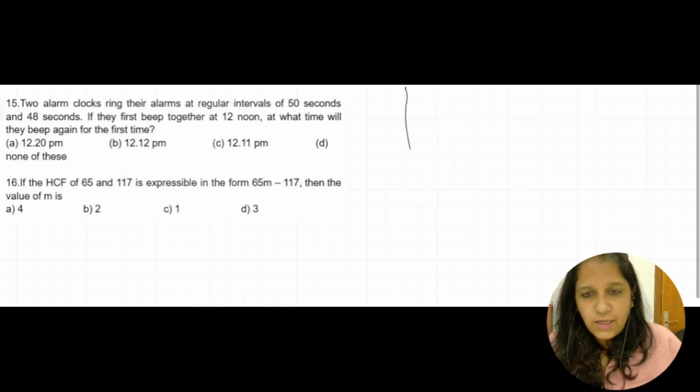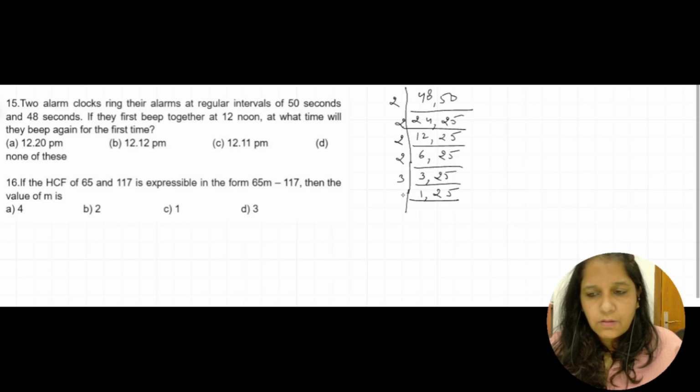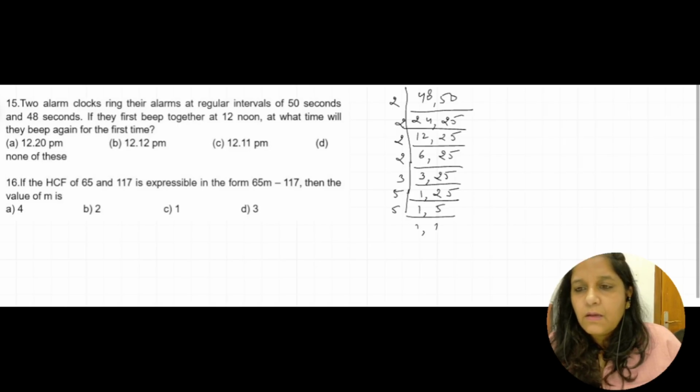So बहुत clear है यहाँ LCM निकालेंगे 40, 48 और 50 का LCM. अब इन सबको मल्टीप्लाई कर लेंगे 2 into 2 into 2 into 3 into 5 into 5.